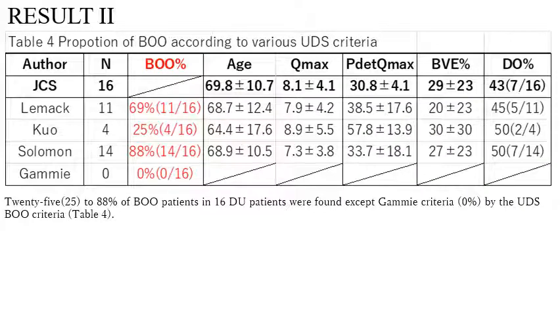Result 2. BOO proportion. 25 to 88% of BOO patients were found, except for GAMI criteria at 0%, using the UDS BOO criteria. Non-UDS criteria diagnosis for DU may not discriminate between DU and BOO.